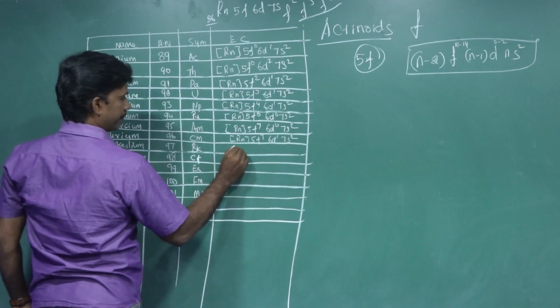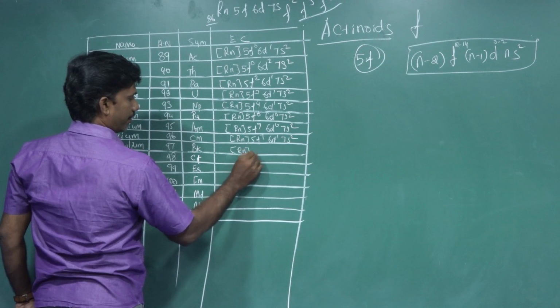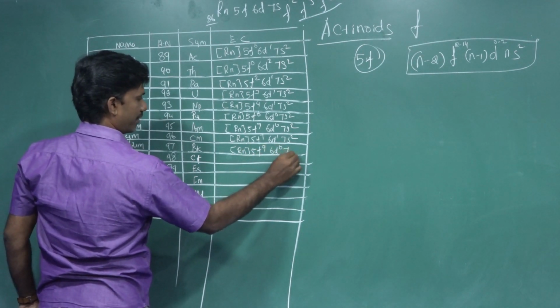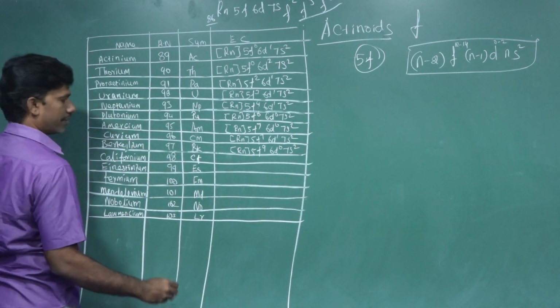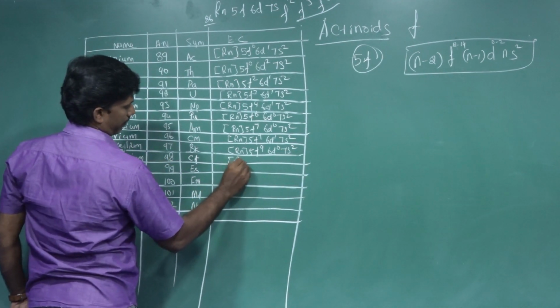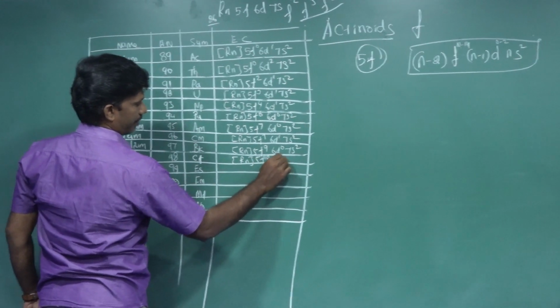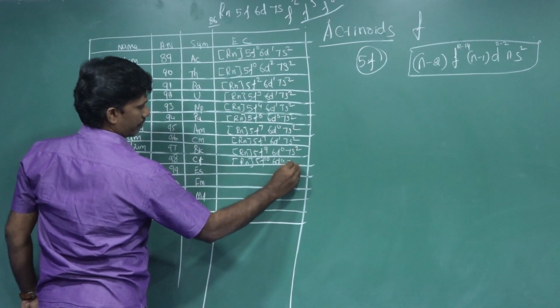Then berkelium, radon 5f9 6d0 7s2. Californium, radon 5f10 6d0 7s2.